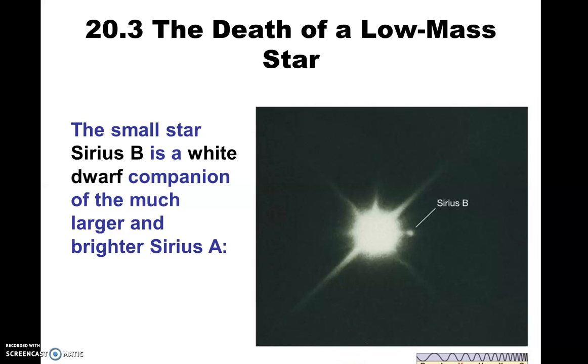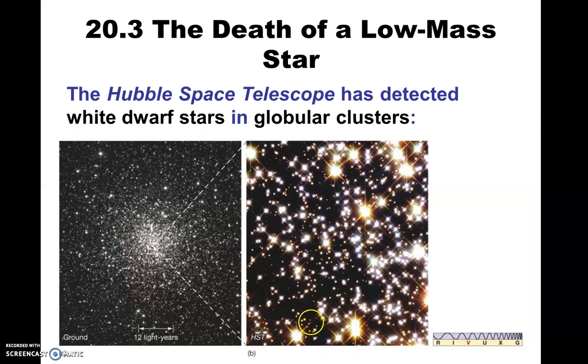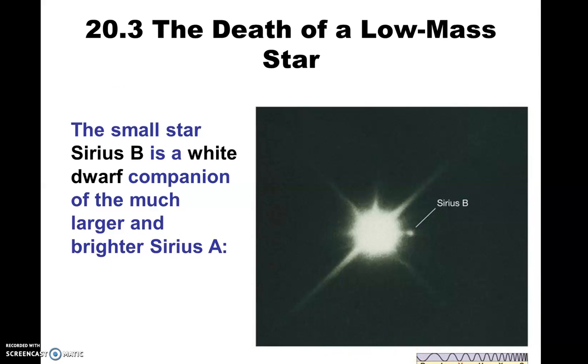In fact, the surface temperature is even hotter than Sirius A, I guess you would call it, but its luminosity is incredibly low because it's just a tiny little dead star, right? And remember, the reason that these white dwarfs are glowing is just the huge amounts of temperature that are cooling off, right?